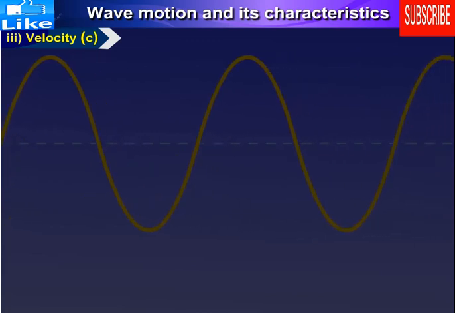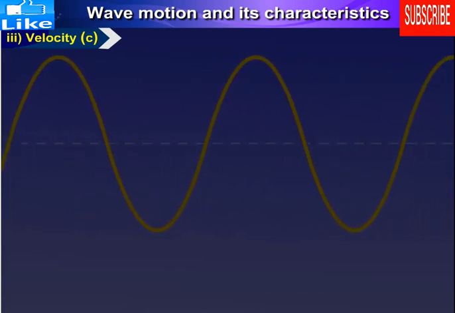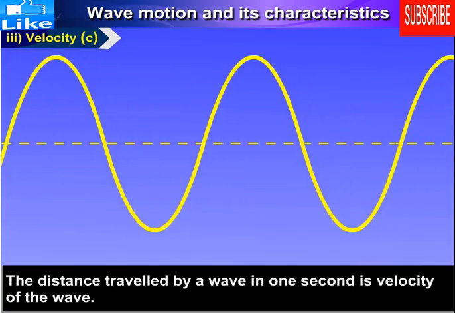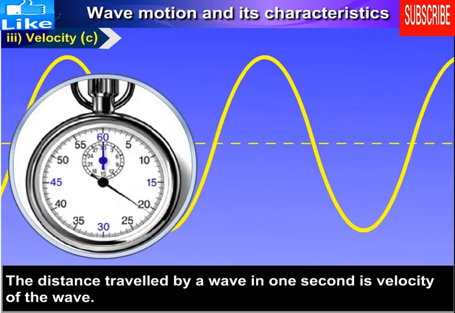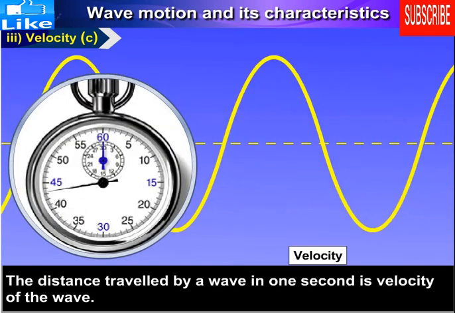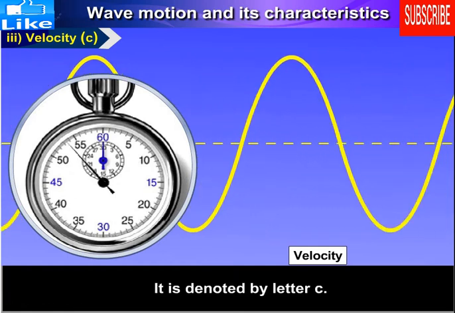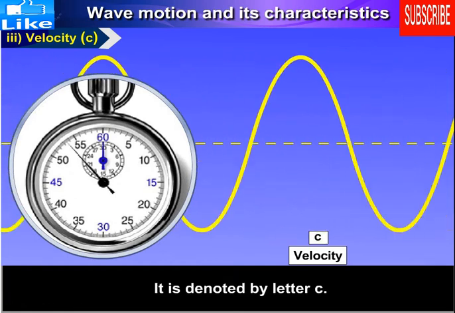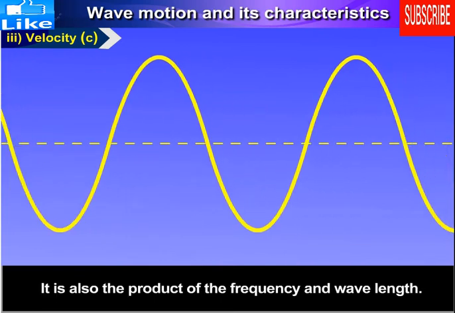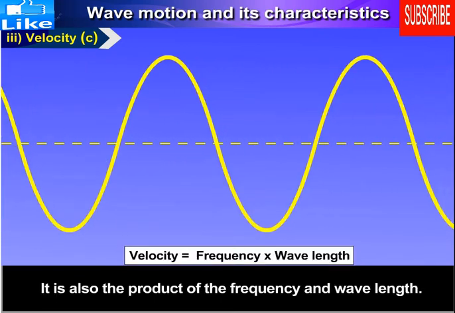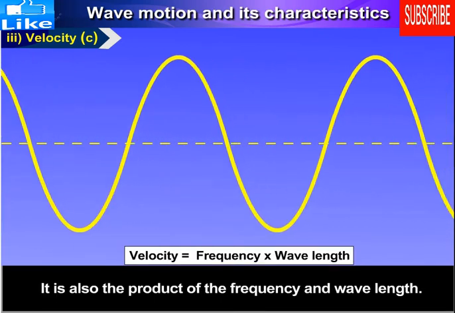3. Velocity, c. The distance traveled by a wave in 1 second is the velocity of the wave. It is denoted by the letter c. It is also the product of the frequency and wavelength.